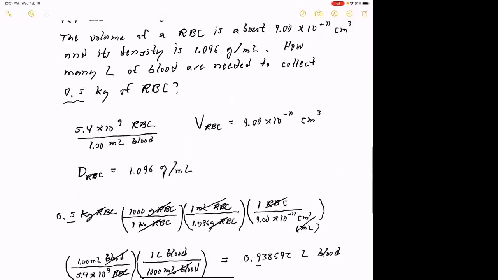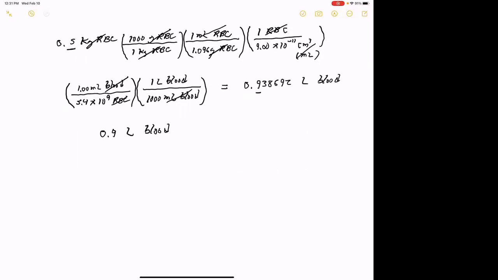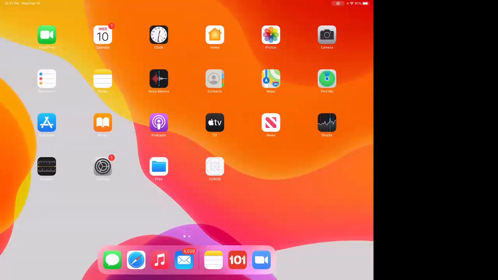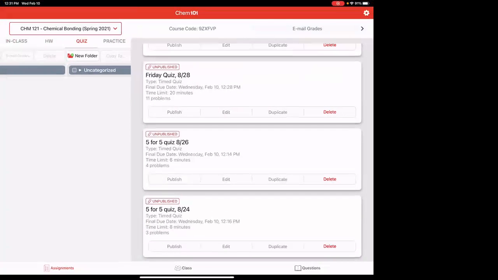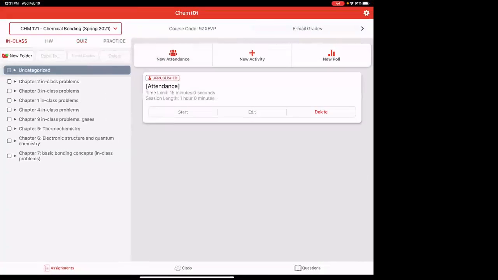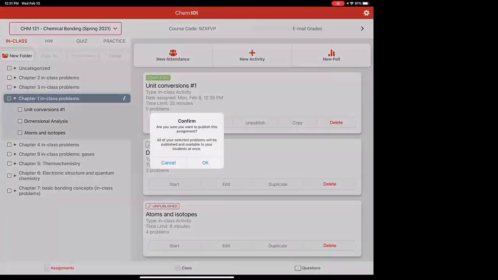Okay, so at this point, what I want to do is spend some time over in Chem 101. We've got some more of these kinds of problems that we can work on, and I think I've got 20 minutes allotted for that, so that's exactly what we've got left. Let me pop out of here and hop back into Chem 101. I'm going to go back over to our in-class exercises, and we've got the dimensional analysis one. It probably won't take you 20 minutes to do, but we'll go ahead and start it.